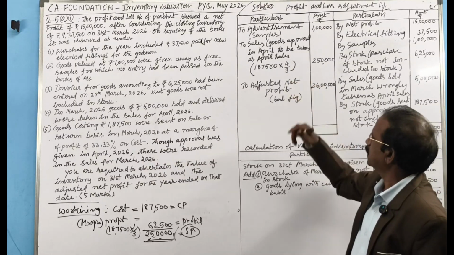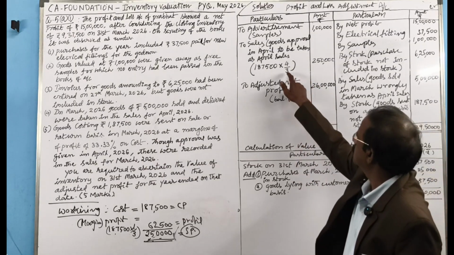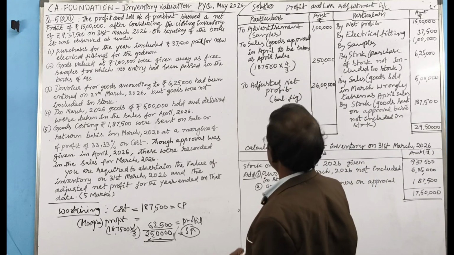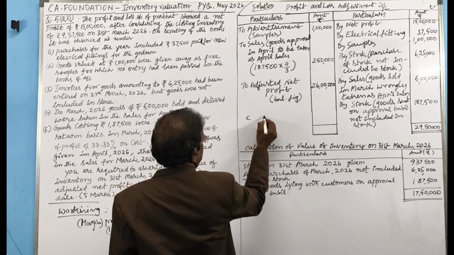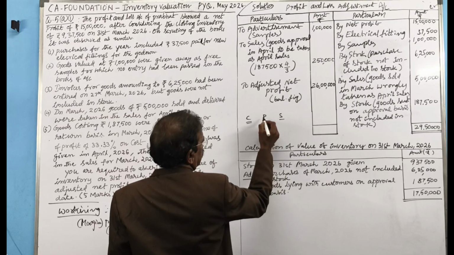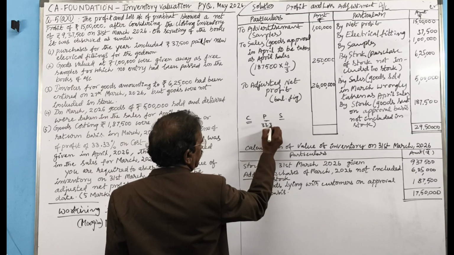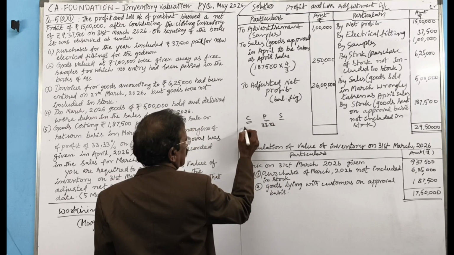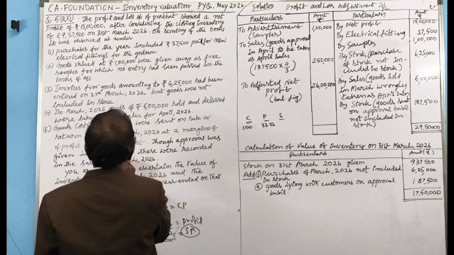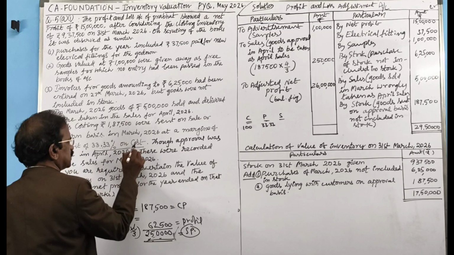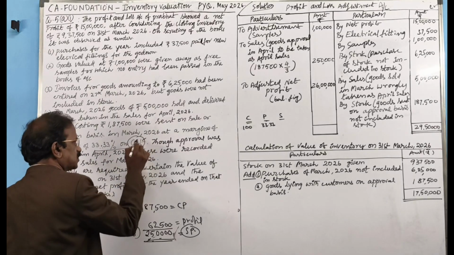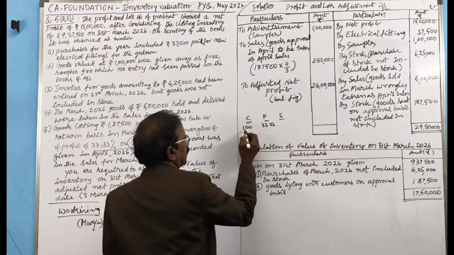Otherwise, like this also you can calculate. How this came? I wrote here like this. See, for example, here cost, profit. Profit is 33.33. Cost is 100 because here 33.33 on cost is given. On cost means that cost should be taken as 100.